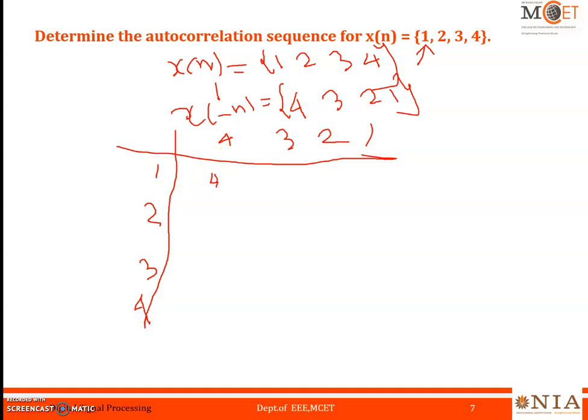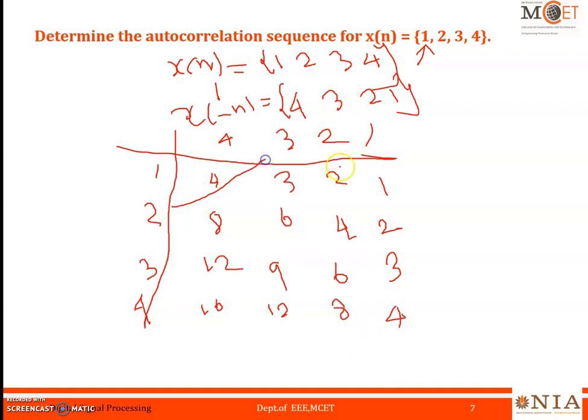So now multiply it. What's the first value you will have? 4, 3, 2, 1. Second value 8, 6, 4, 2. Next one 12, 9, 6, 3. Next one 16, 12, 8 and 4.